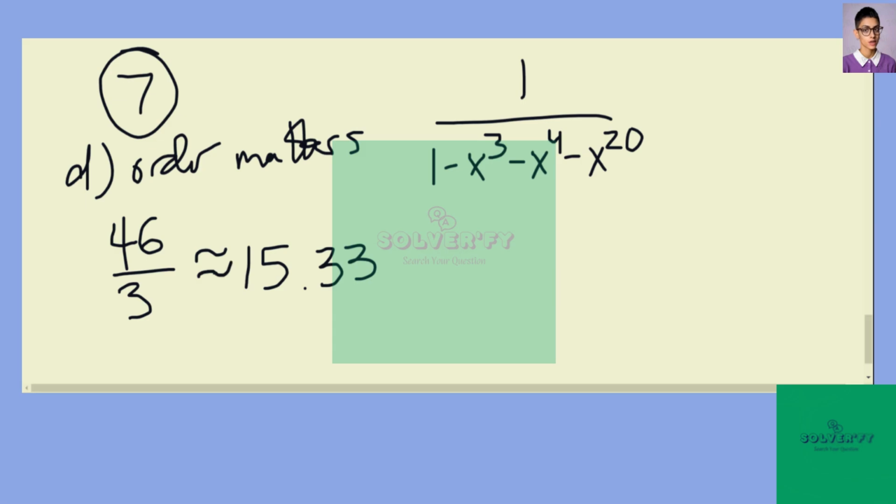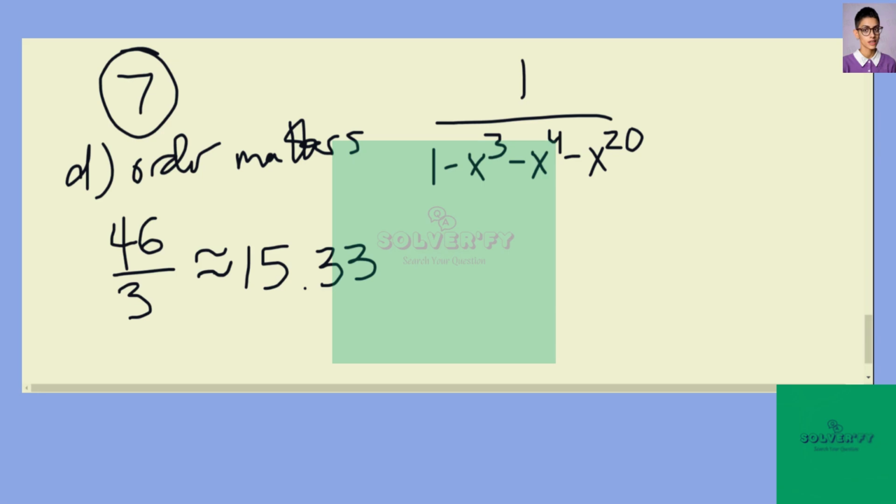This tells us we can find all the possible combinations resulting in a term containing x to the 46th in the first 15 terms of our sum.